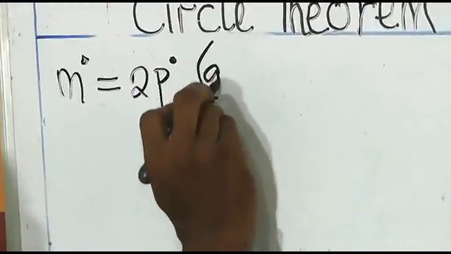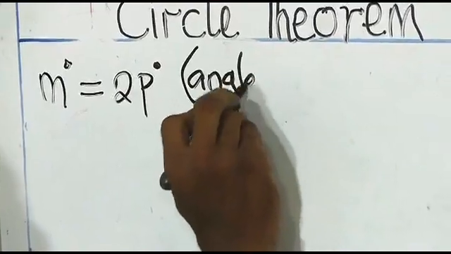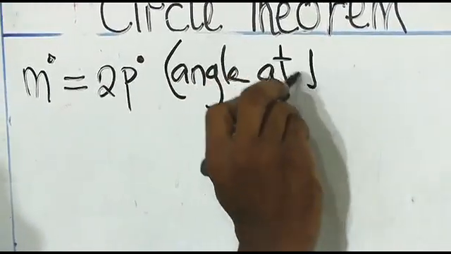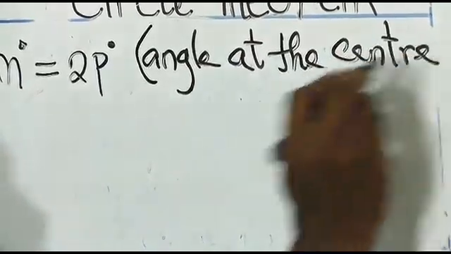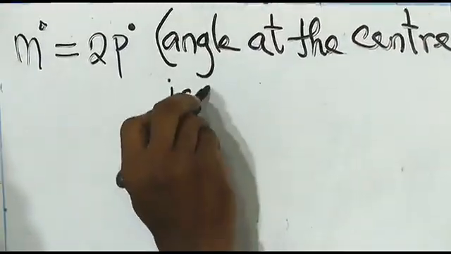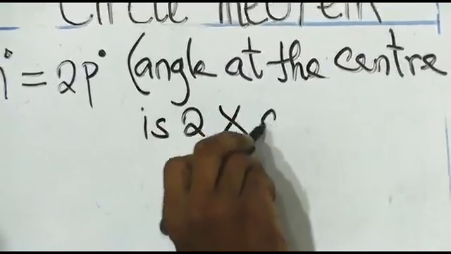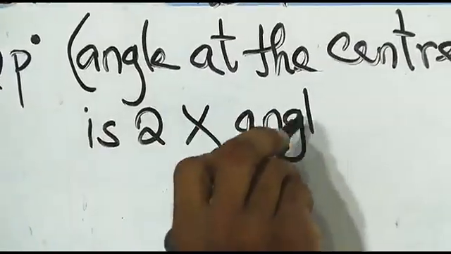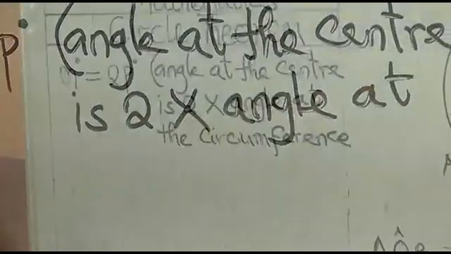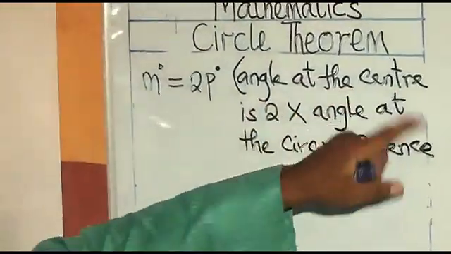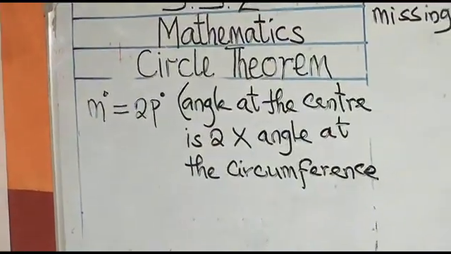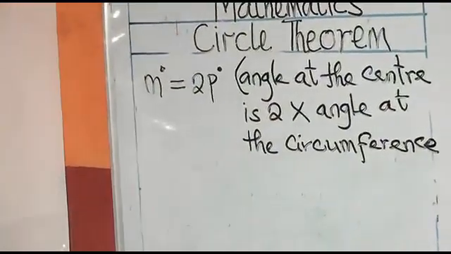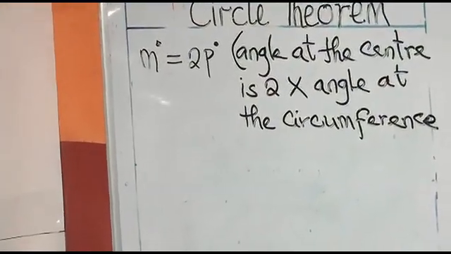That is, angle at the center is 2 times angle at the circumference. And since we know that our m is what? 260.